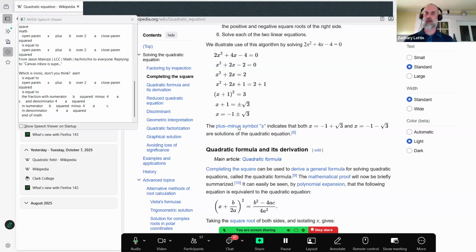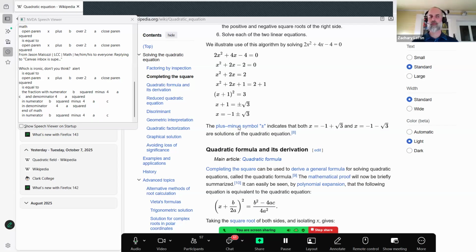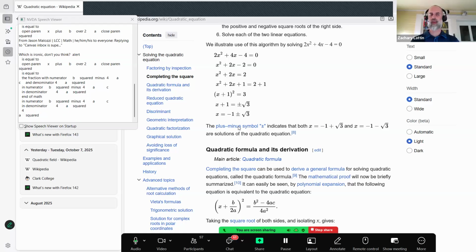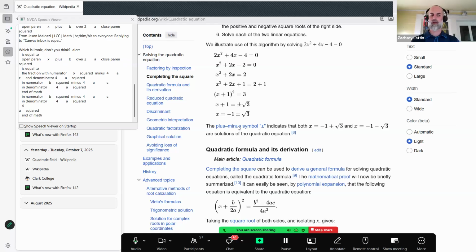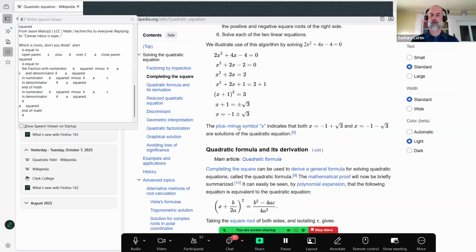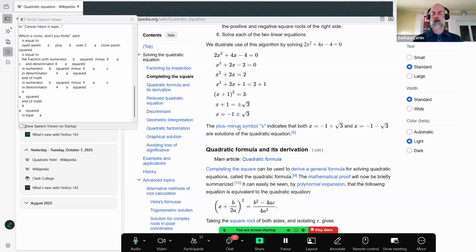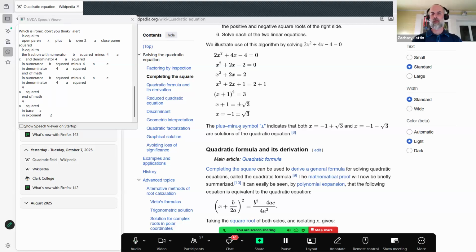And if I wanted to, I could zoom in a little bit more into this denominator and hear the 4, a, there's the a. End of math. 4a squared. And there's the a squared term. If I wanted to zoom in more to the a squared term: in base, a. In exponent, 2.